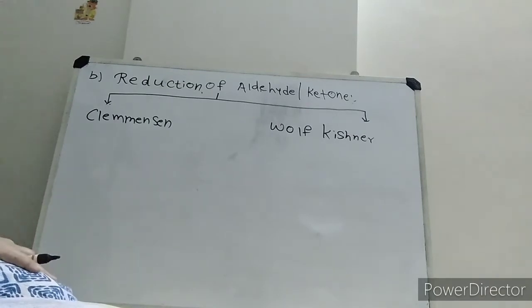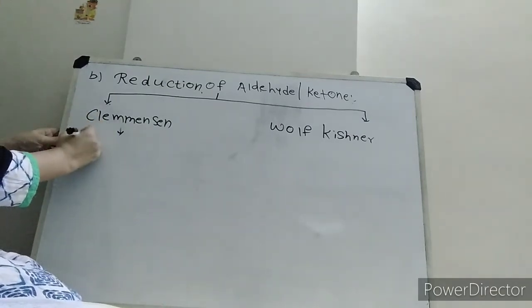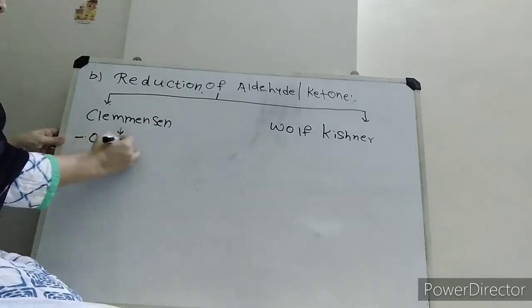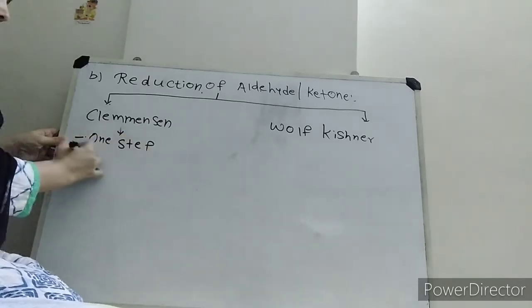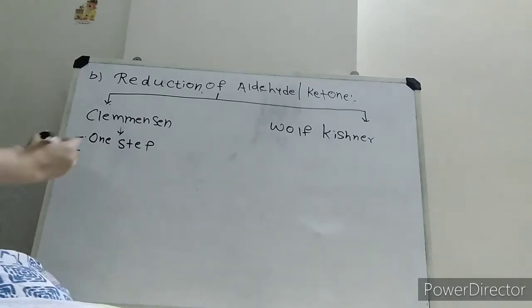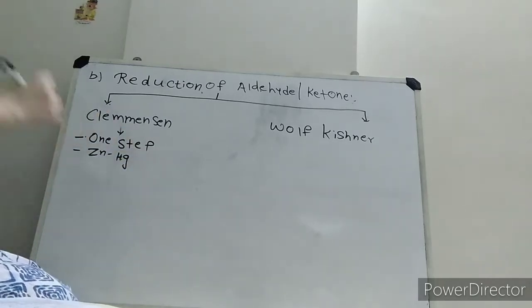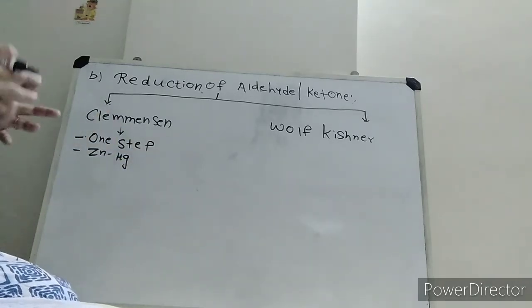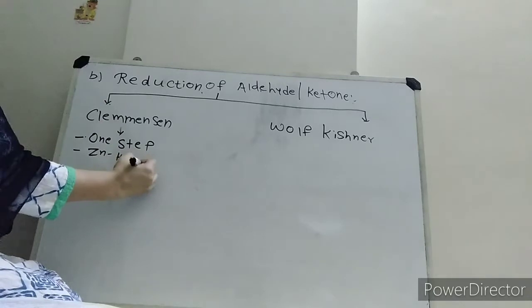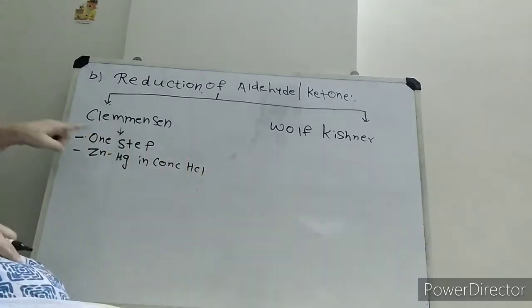Clemmensen reduction is only a one-step reaction. The catalyst used is zinc amalgam, written as ZnHg, in concentrated HCl.